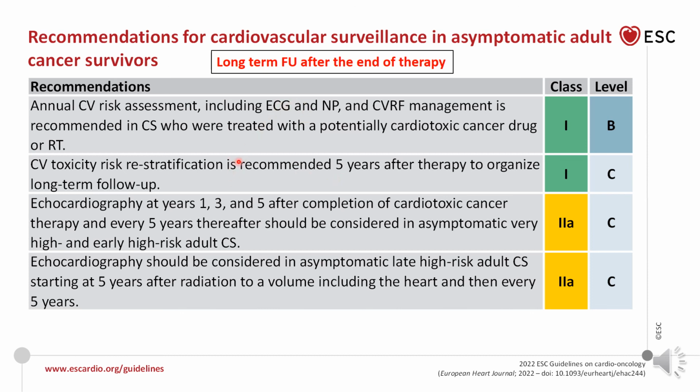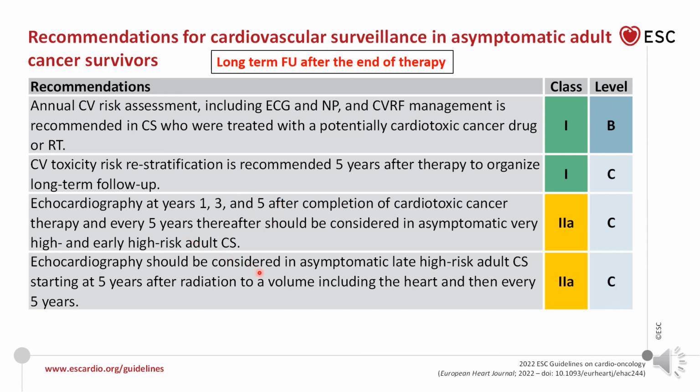So, what is the frequency of long-term follow-up with echo in these patients? If our patient is at very high risk or high early cardiotoxicity risk, he should undergo echo at 1 year, 3 years, and 5 years, then every 5 years.